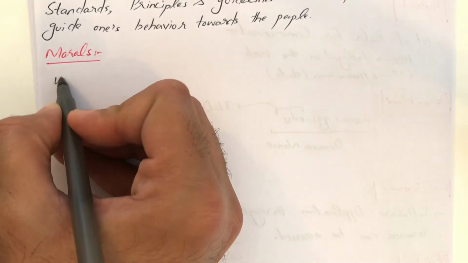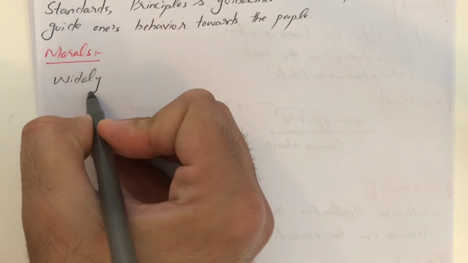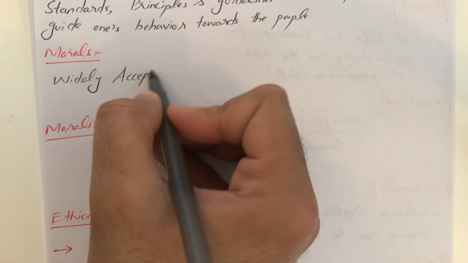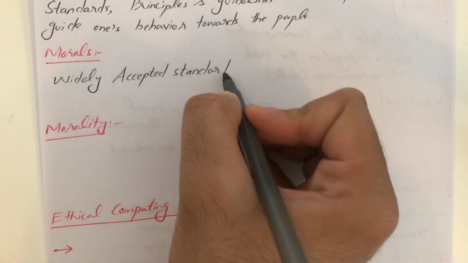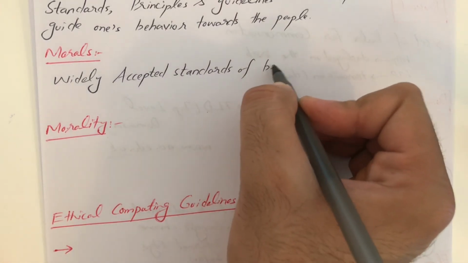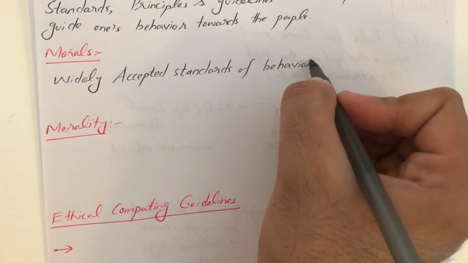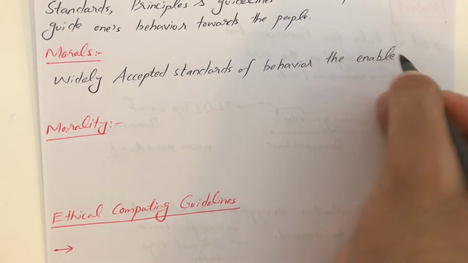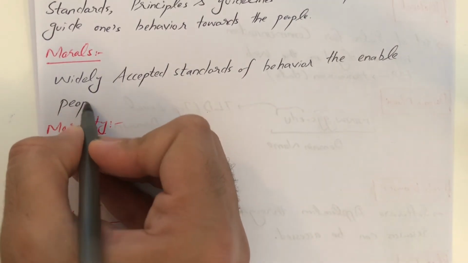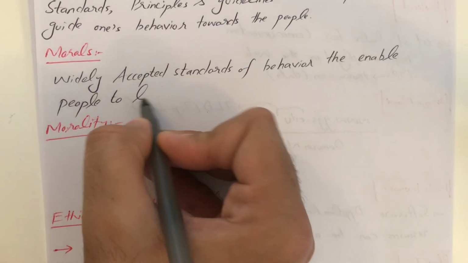Then we have another very close thing which is called morals. Morals are widely accepted standards of behavior that enable people to live in groups.